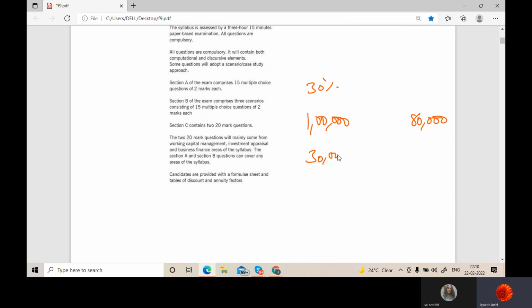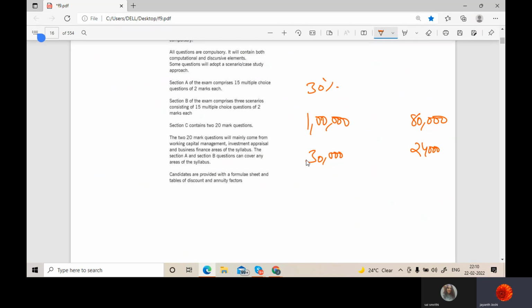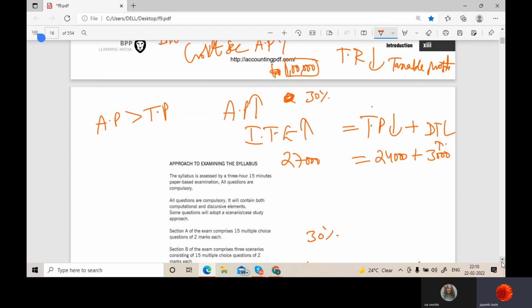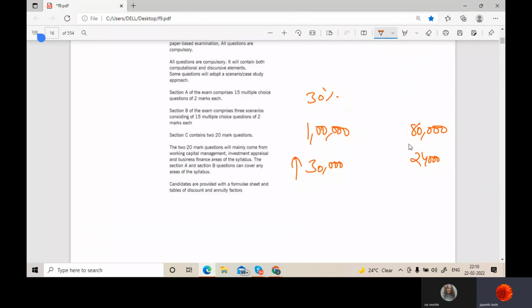So 30,000 is here and 24,000 is here. My income tax expense is more and my tax payable is less. So my income tax expense is 30,000, my tax payable is 24,000, so the difference is my DTL. I have created a provision of 30,000, I have paid this much, and this is what I'm supposed to pay. So when accounting profit is more than taxable profits, DTL is created. That point I have explained.